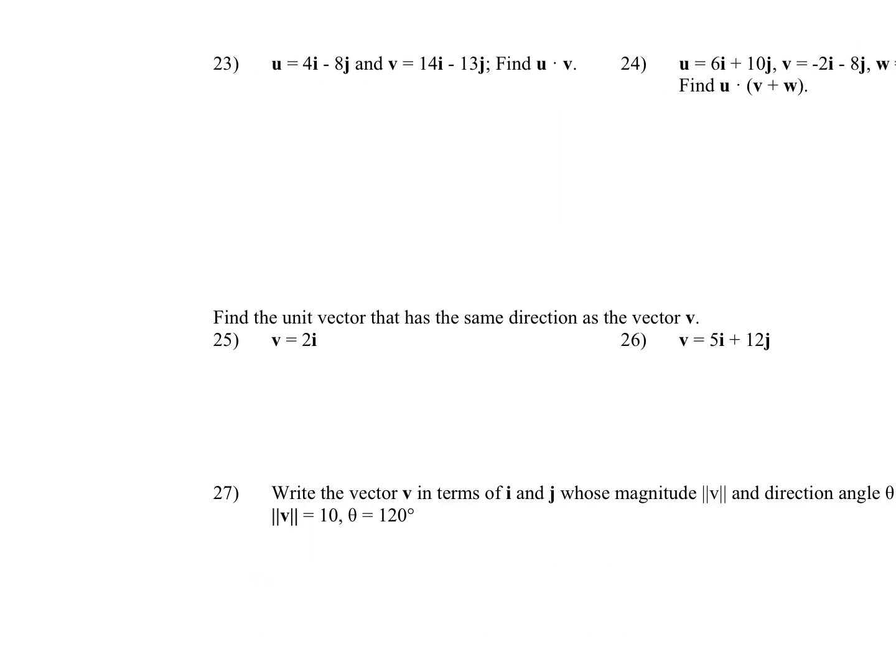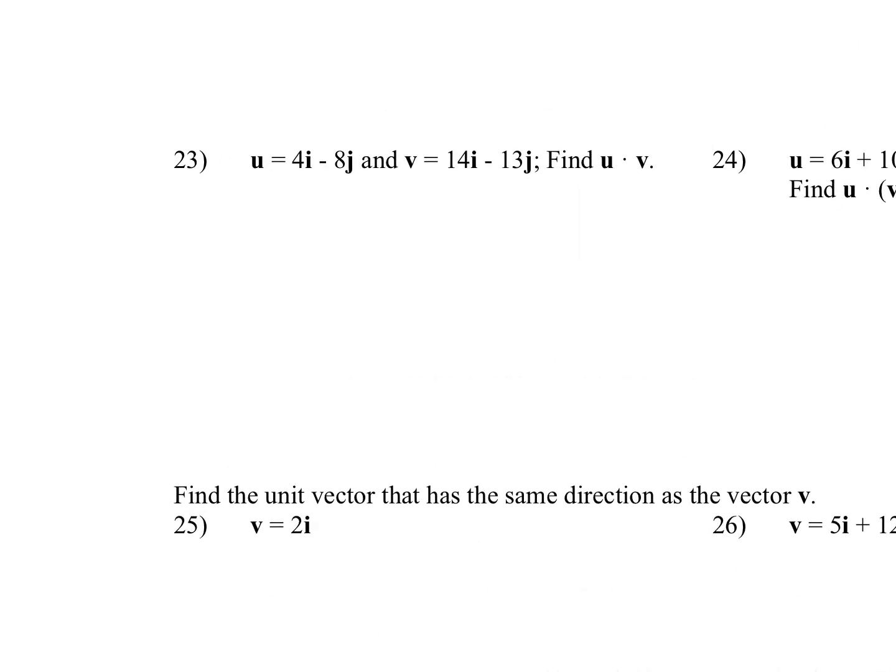So now our dot products will be all about doing our one operation this requires, because we don't have standard multiplication. Remember, dot products are take the components, the i's, and multiply them. So 4 times 14, that would be 160. Plus negative 8 times negative 13, that's 104.